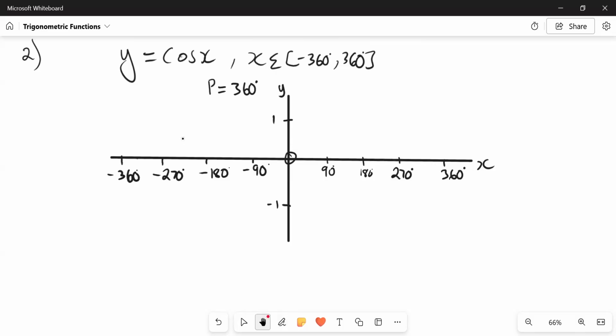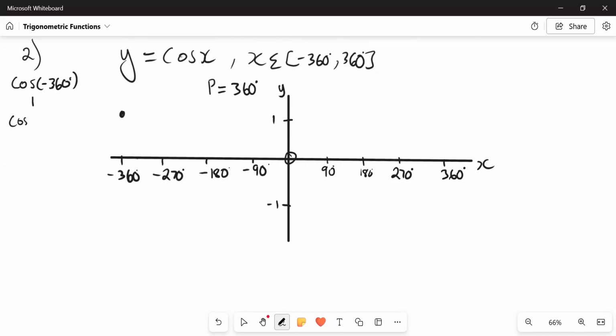Again, we apply the same thing. Cos negative 360, we use a calculator, and you get a positive 1 as your y value. So your point will be somewhere there. That's the first point, right?